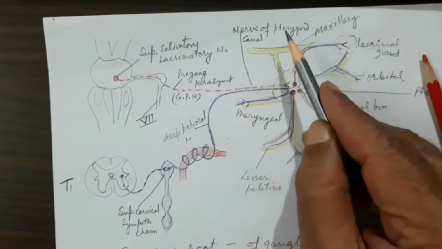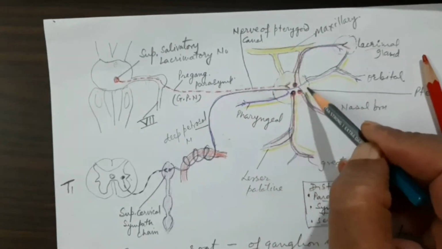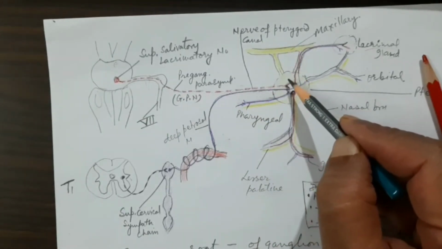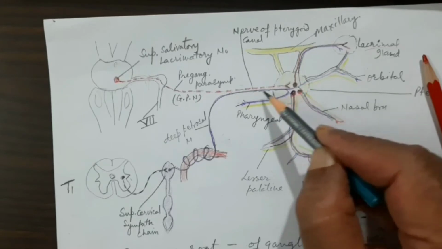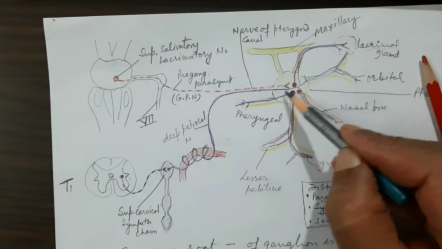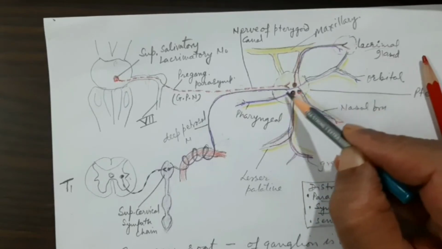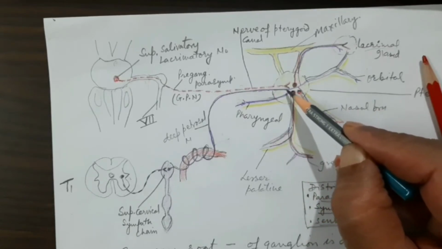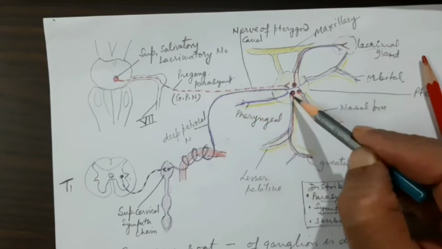They will run as the nerve of the pterygoid canal, and here the parasympathetic, as I said, will relay, but the sympathetic fibers will cross the ganglion without relay.